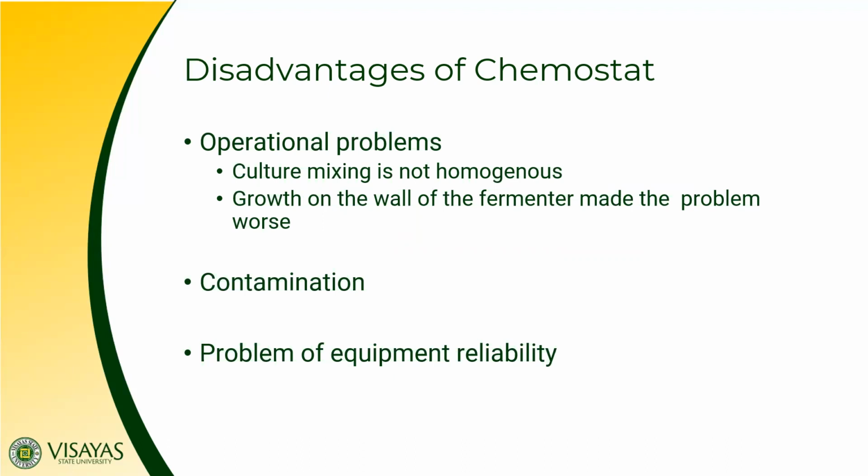When there is mixing of a particular compound in the fermentation vessel, the sparger distributes or mixes it evenly in order for the microorganisms to have a proper distribution of the availability of the nutrients. It could be that there is no homogeneous mixing inside the fermentation vessel. Okay, that's one of the operational problems.